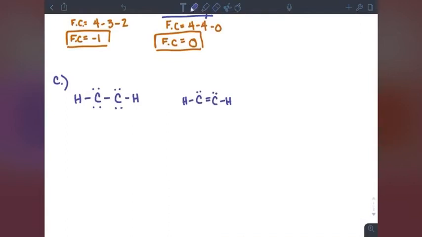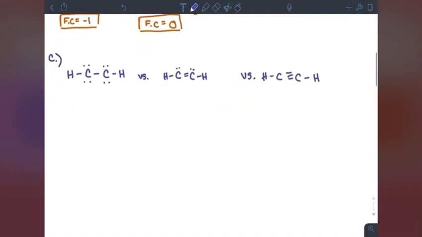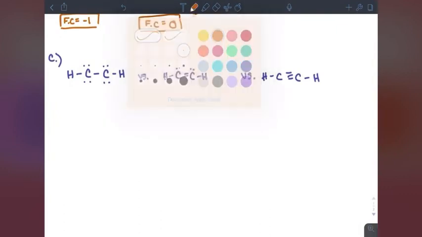We erase this, and then one more, right? We would have C triple bonded C with an H. So we have here single bonded carbons, double bonded carbons, and triple bonded carbons. So, like I said, you have to check the formal charge on each carbon here.